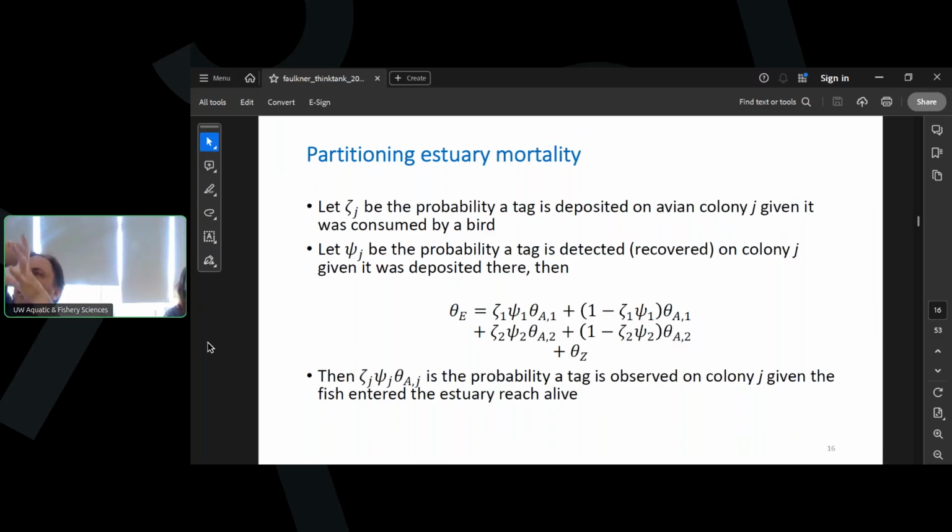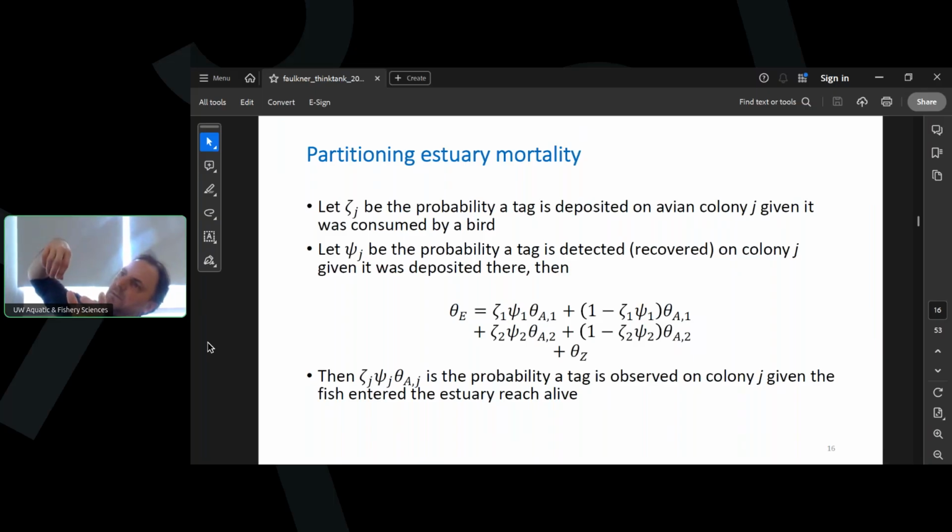And then you can separate out those mortality components from each bird colony and say, okay, there's the proportion of that mortality that we observed, because it was deposited and detected, and then there's a proportion that we don't observe because it wasn't deposited and/or wasn't detected.